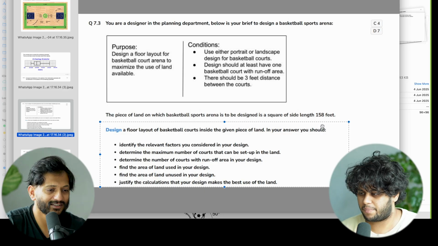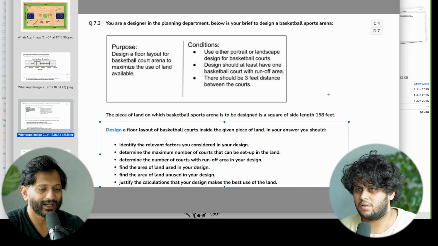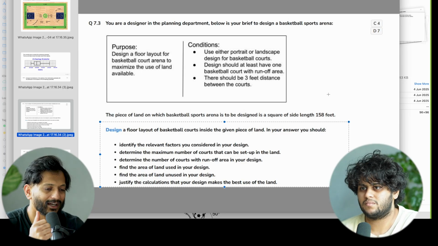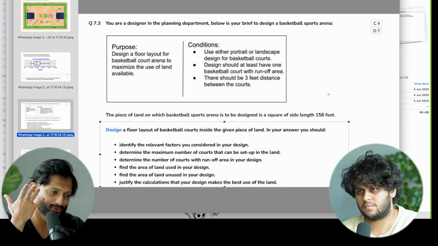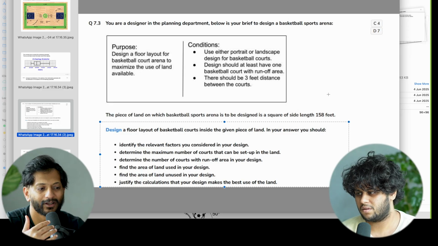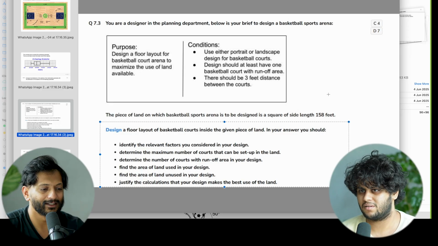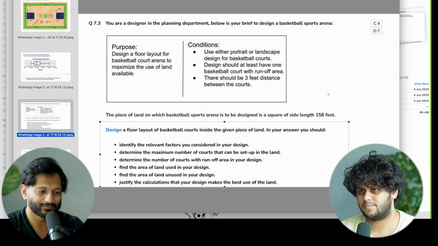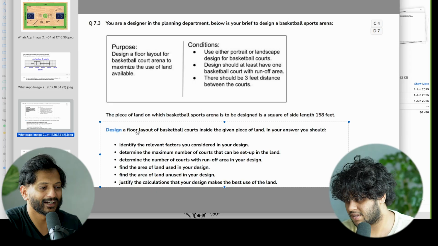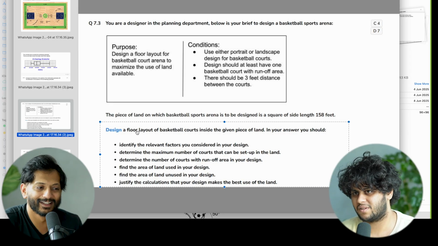Absolutely. And this is really interesting because I think it captures a lot of things we've been talking about before. One is that IB was always going to push you to think in different ways, and it's not typical, it's not predictable. And second, the fun factor, like basically, you're sitting and making basketball courts in your exam. Absolutely.